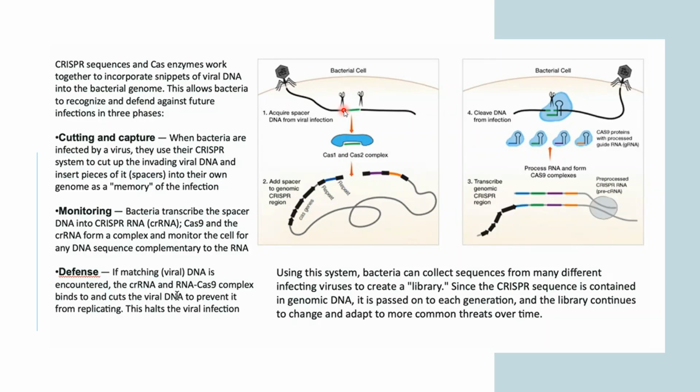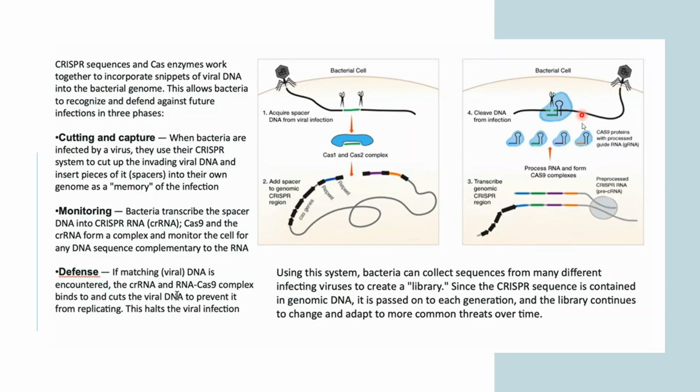So there is a processed RNA which is forming, and after the formation of that RNA, whenever they find any viral DNA which is matching with that memory, then crRNA and Cas9 complex with each other. Here, the complexation is shown. They complex with each other and they cut down the viral DNA to prevent it from replicating. So this is how they halt the viral infection.